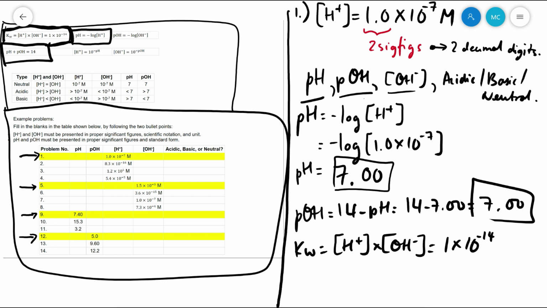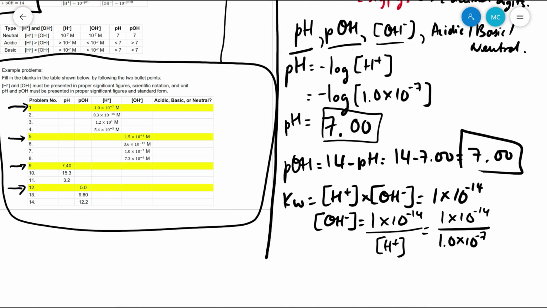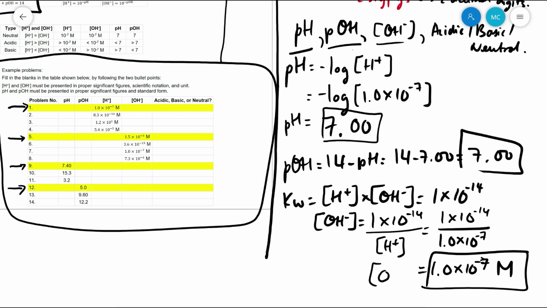And you will be solving for OH negative equals 1 times 10 to the power of negative 14 divided by the concentration of the H plus, which is the information given to you, 1.0 times 10 to the power of negative 7. So now you should get 1.0 times 10 to the negative 7. Okay, so this is the concentration of OH negative.